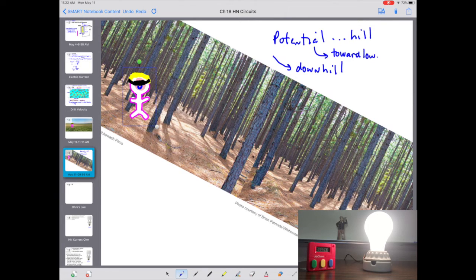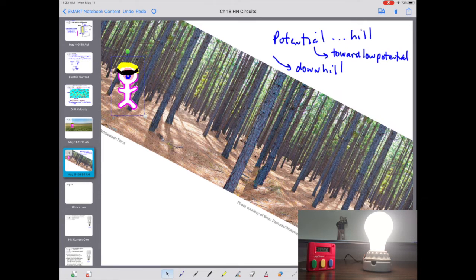They go toward low potential. So here's our person, and they start to go downhill. Wham, they run into a tree. They bounce off. Wham, they run into another tree. They bounce off. Boom, another tree. And they keep running into tree after tree after tree. And it takes them quite a while to get down to the bottom of the hill.